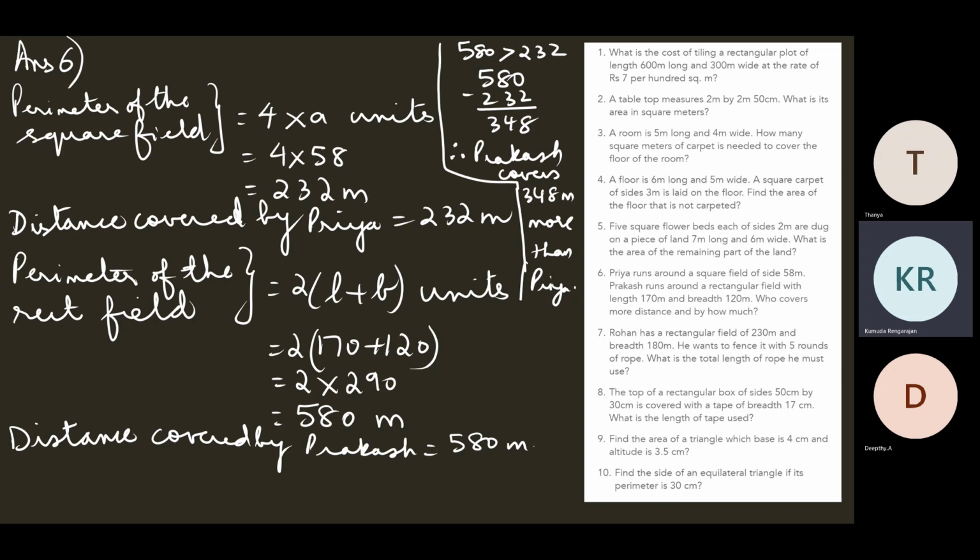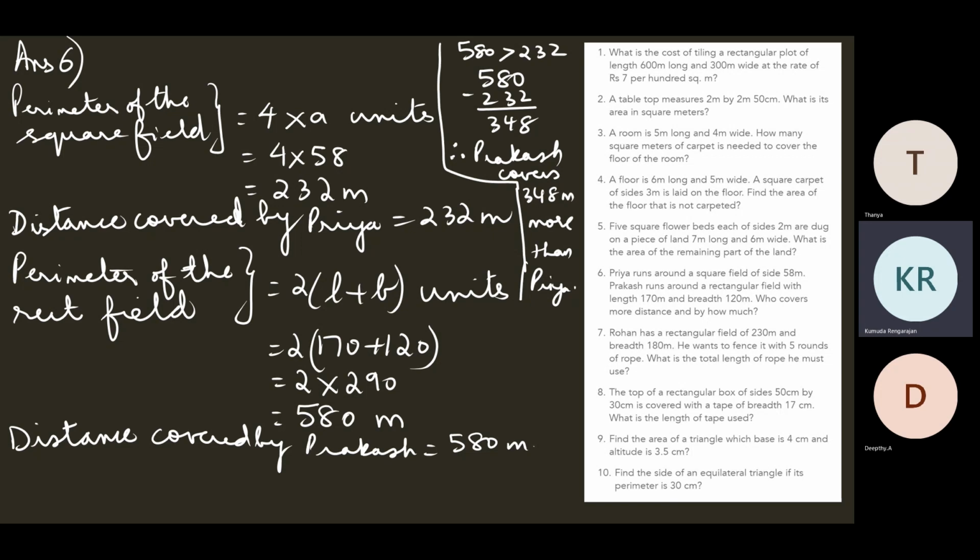I'll share these answers later, children, because it's getting late for lunch. We'll just discuss all the 10 answers orally and wind up the session for today. In the 7th one, you need to find the perimeter of the rectangular field, 2 into L plus B, and multiply the perimeter by 5.